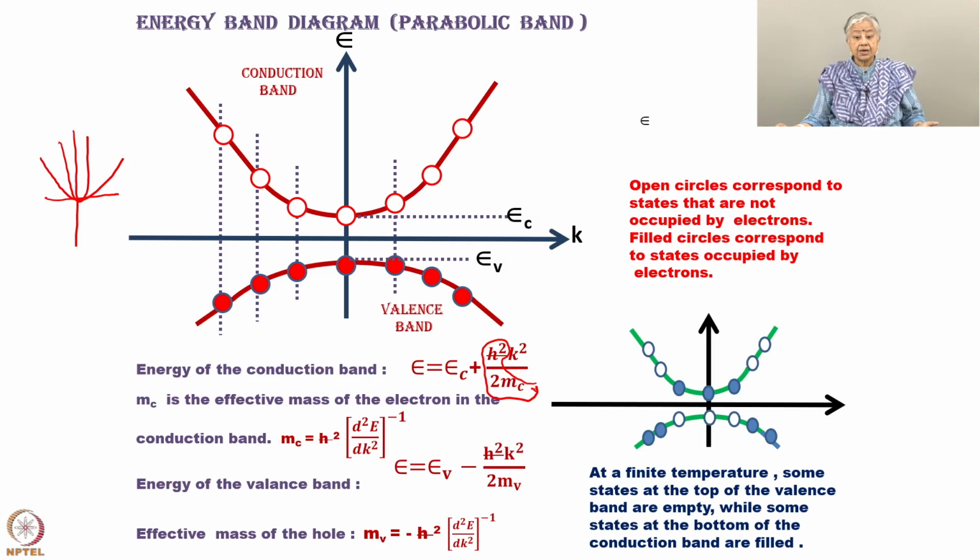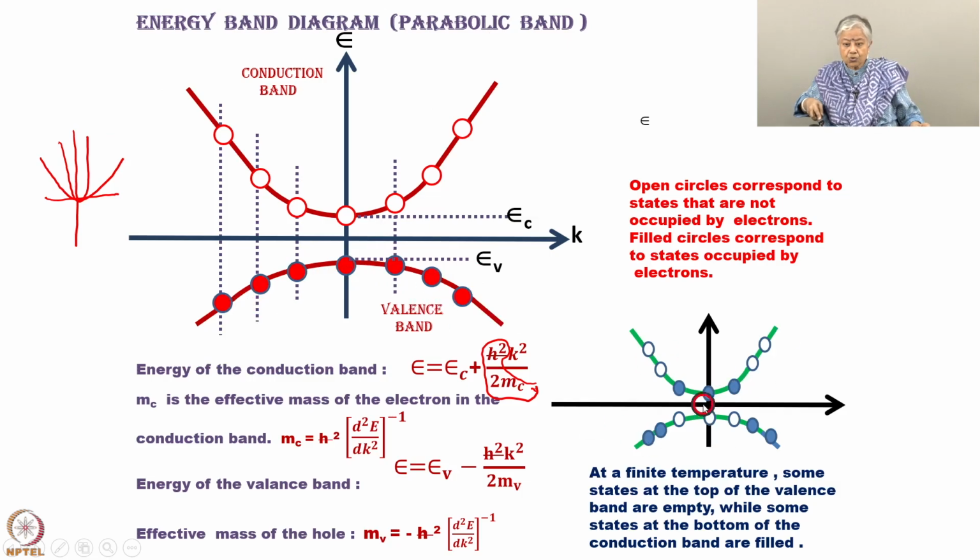Now, at a finite temperature, suppose at absolute 0 degree Kelvin, all these energy levels are empty, but everything is filled in the valence band. Suppose there is a little bit of temperature, just have a look at this.